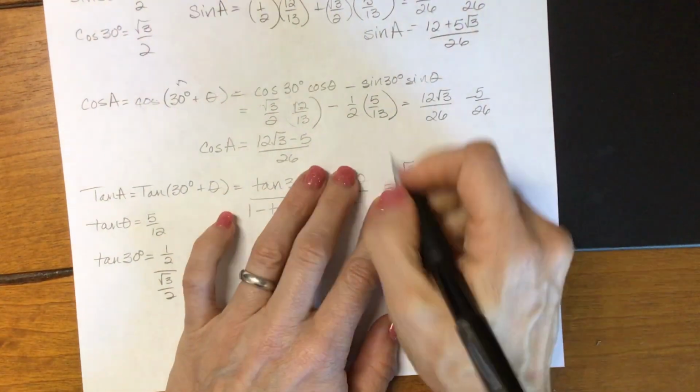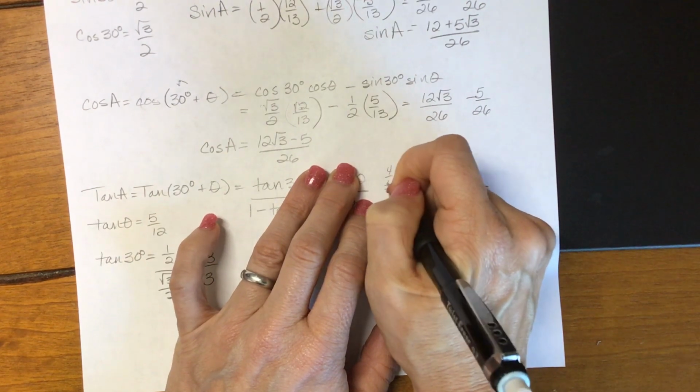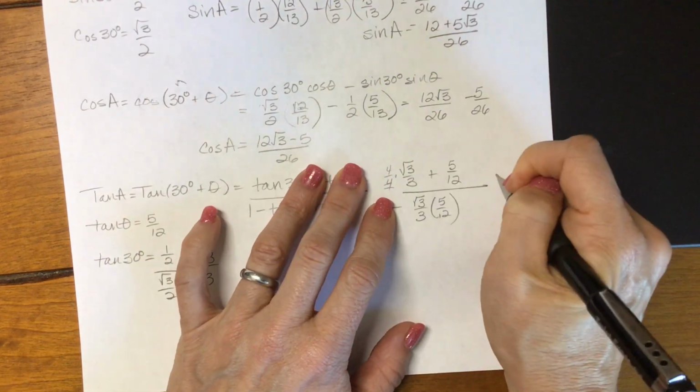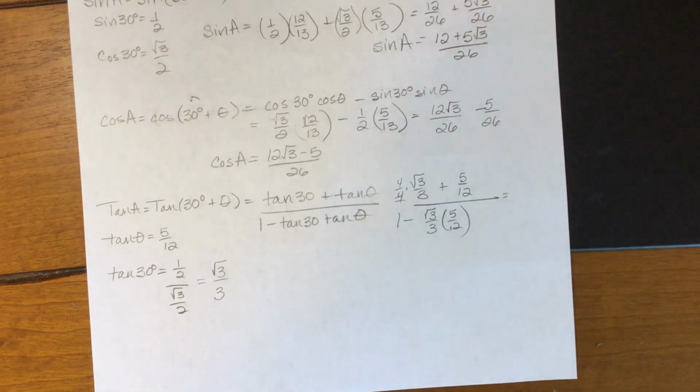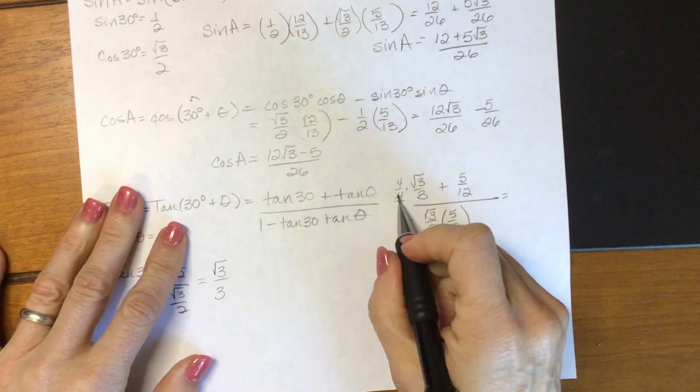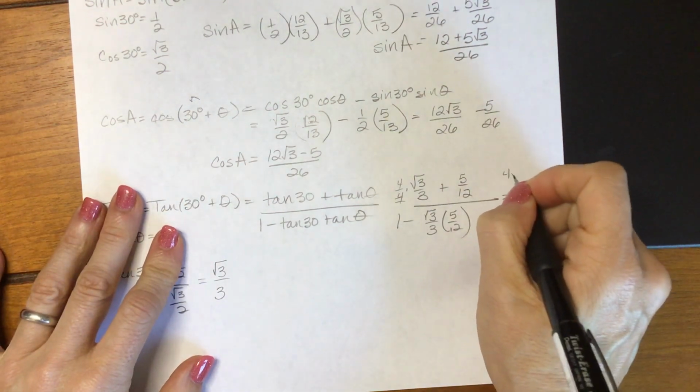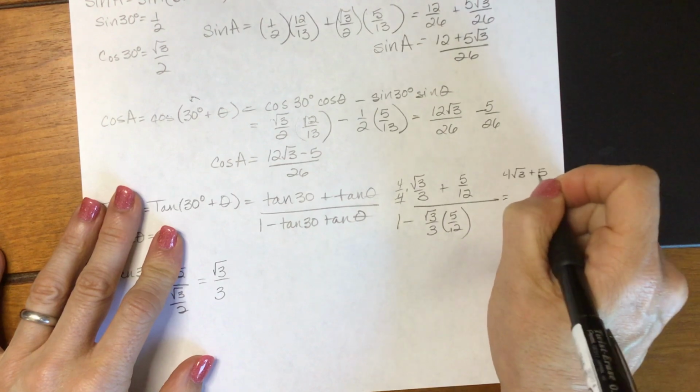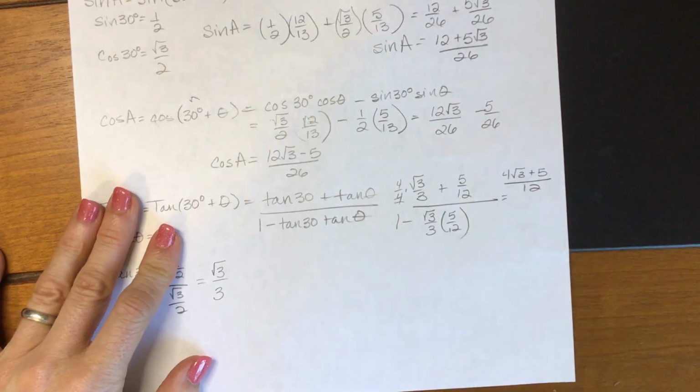So now if I find a common denominator up here, 4 over 4 for that, in the numerator, still working on that lead situation, I'm going to have 4 root 3 plus 5 all over 12.